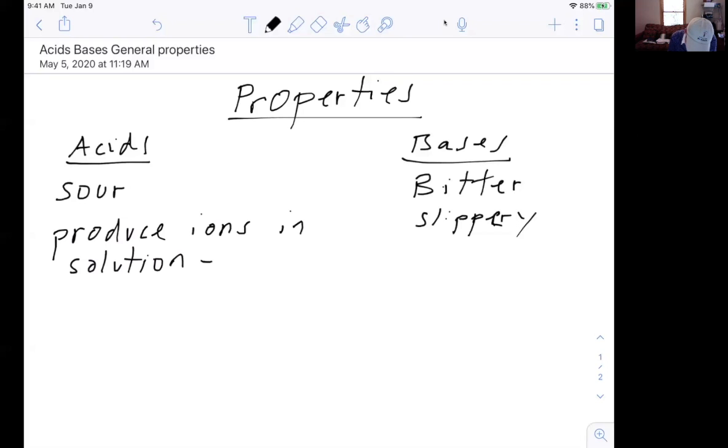And this means that they will conduct electricity. And if a solution will conduct electricity, these ions have a name, and they are called electrolytes.